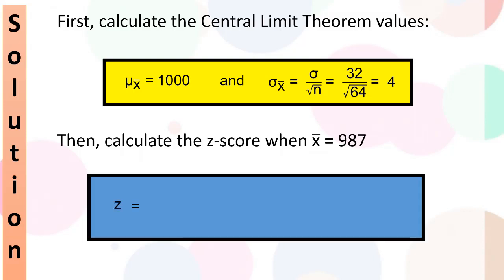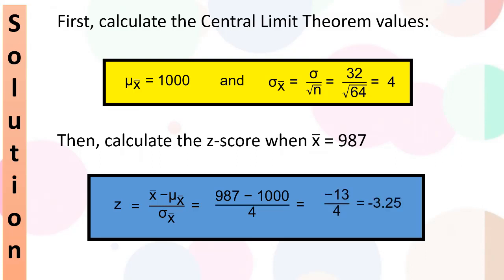So we calculate our z-score, and that z-score, z equals x bar minus mu of x bar over sigma of x bar, is going to be 987 minus 1,000 over 4, which is negative 13 over 4, which is negative 3.25. So let's go ahead and find a table value.